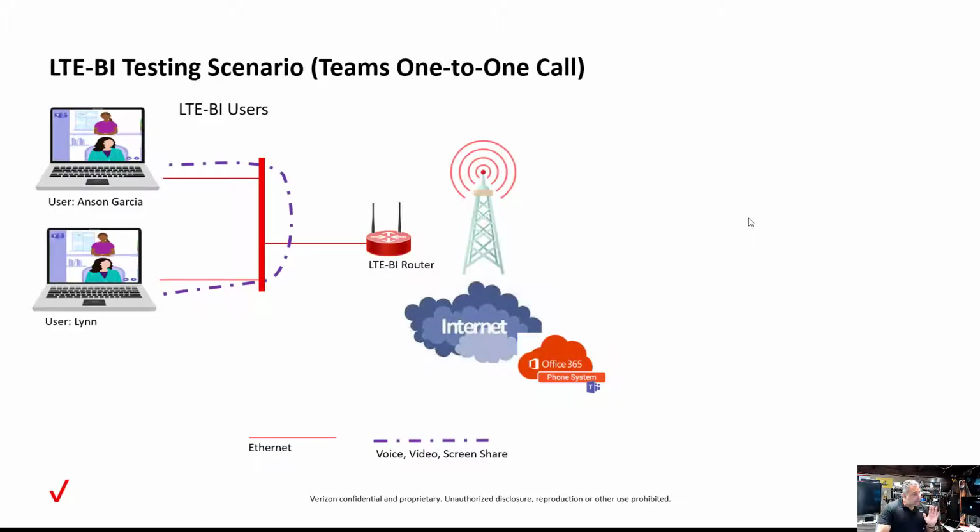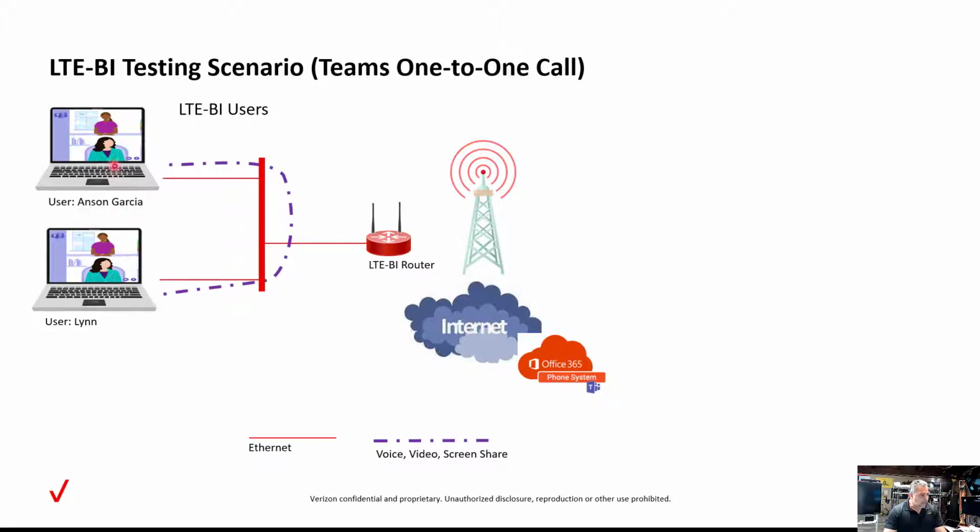One thing to point out here is, unlike all the other UC platforms, when you make a one-to-one call, you go from Anson to Lynn. So if Anson calls Lynn or Lynn calls Anson, the media is going to stay local. Remember, all the others, no matter if we made a point-to-point call or a meeting, it was still anchored out and used WAN bandwidth or LTE bandwidth here.